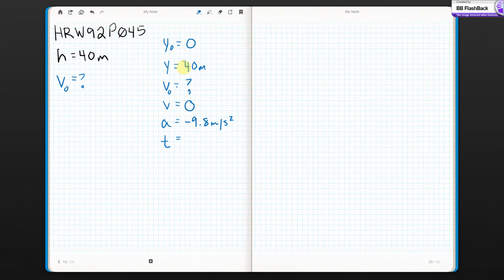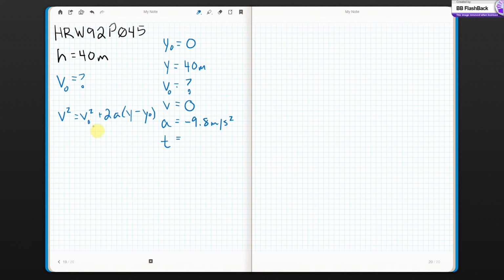So the equation I want to use, I don't have t yet, so I need something with distance in it, but not time. The only one that does that is this one: V squared equals V naught squared plus 2a times the change in position. I want V naught squared, not V, so I'm going to solve for that.